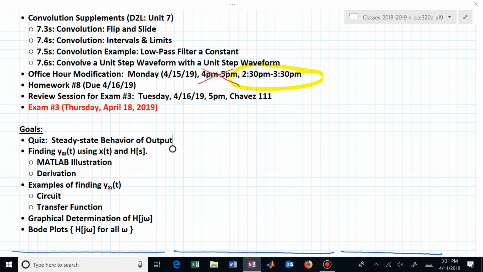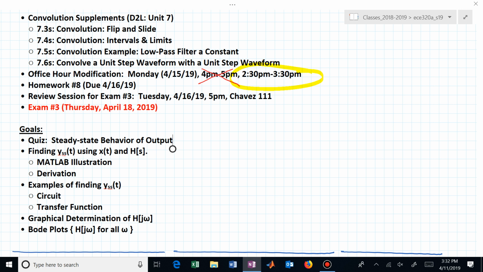And we'll then look at finding, after the quiz, the sinusoidal steady state. That's the SS part of this. Or you could just say it's steady state, but most of today after the quiz is going to be focused on sinusoidal steady state, and we'll try to derive that.